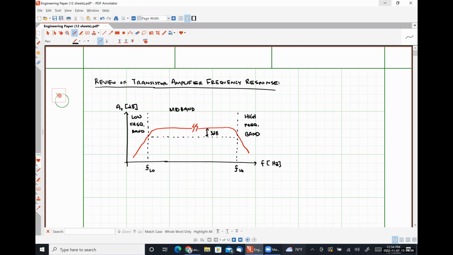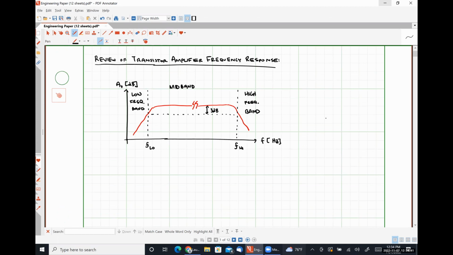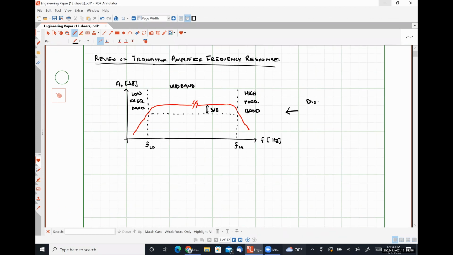So for an integrated circuit, the frequency response graph is going to look slightly different. And the reason why it's going to look slightly different is because we don't AC couple our input signal. Instead, we tend to DC couple our input signal. So this is typically for discrete transistor amplifiers.